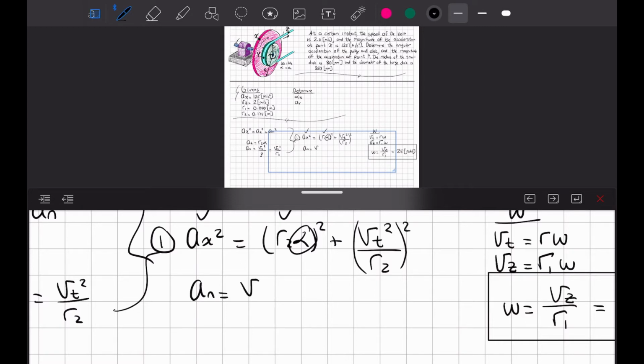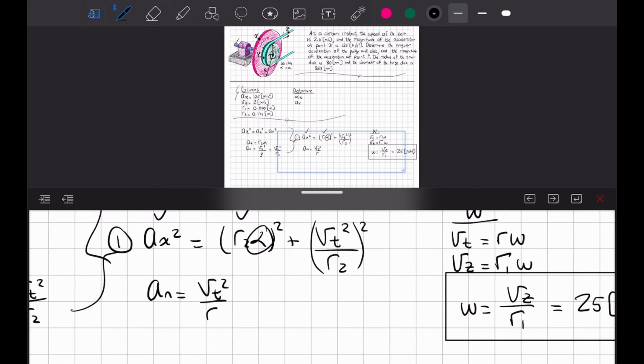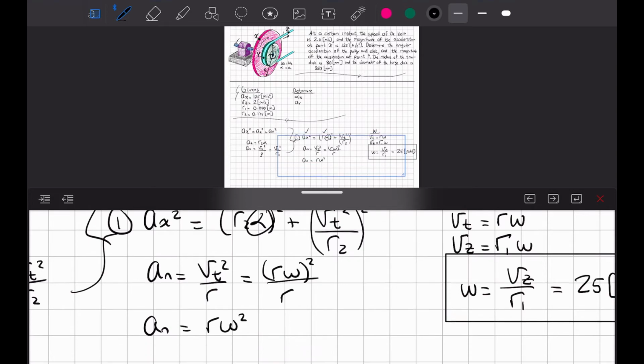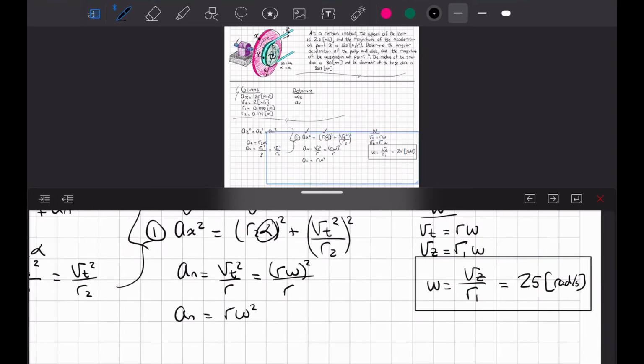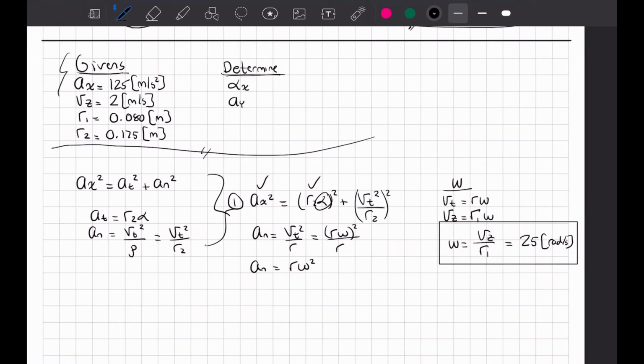AN is just VT squared over R, but we just said that VT is equal to R times omega, so we can just square that term, and so that allows us to write that the normal acceleration of an arbitrary point is just going to be equal to R omega squared. Okay, so I'm going to get rid of that box.